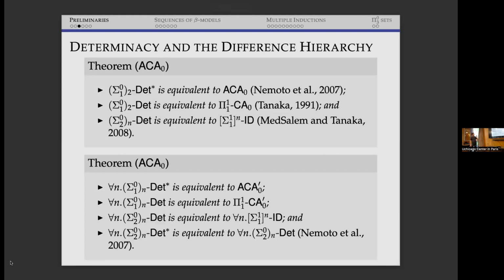So, okay, presenting some existing results on determinacy, we have that for standard finite differences, differences of open sets in the Cantor space are going to be equivalent to ACA. This is a mistype, it should be weaker.